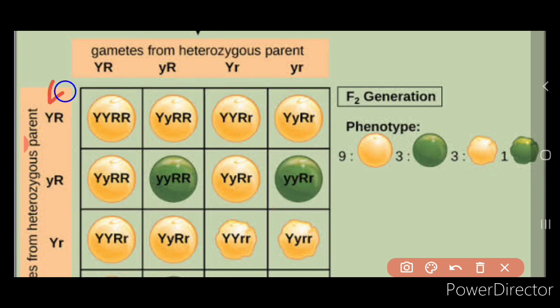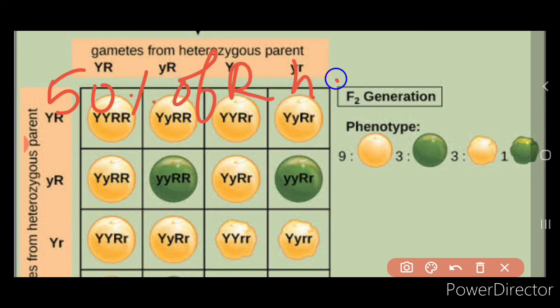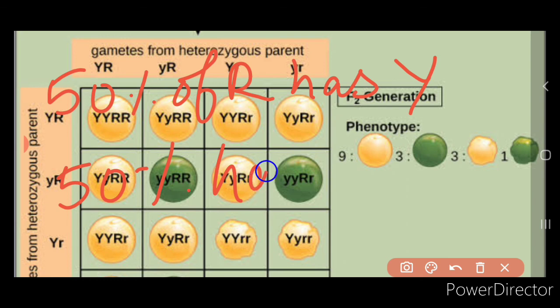Now if you see 50% of R with Y, that is yellow, and 50% with small y. And thus total, how many gametes did we get? We got 4 genotypic gametes formed, isn't it, or produced.